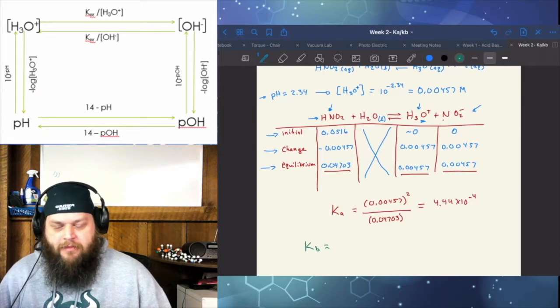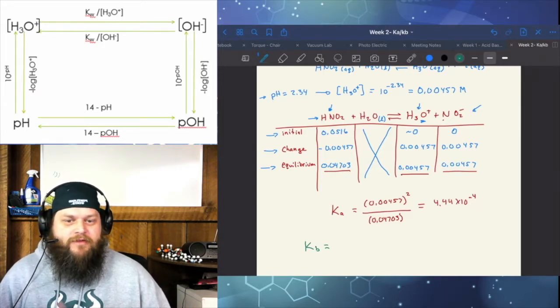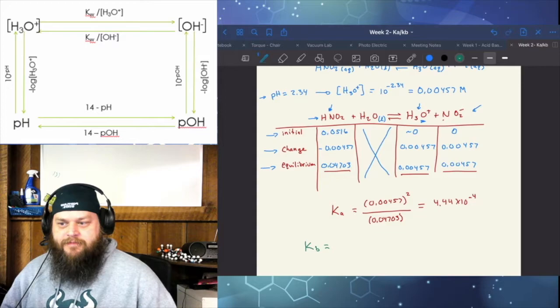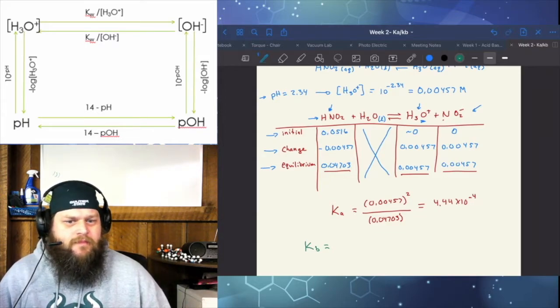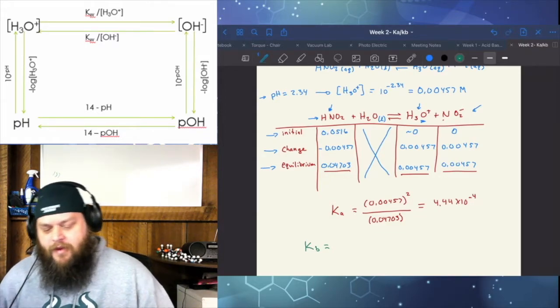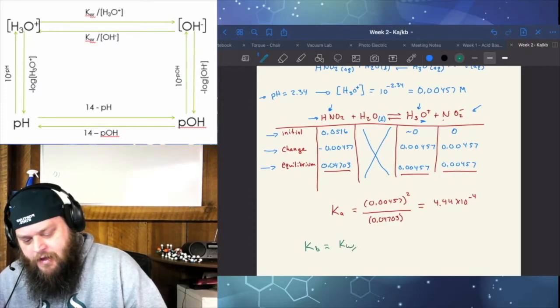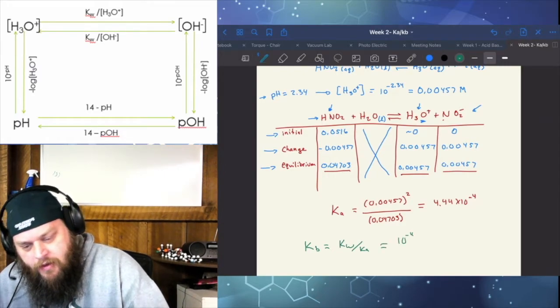We could do that. It would just take a long time. There's a quick or easy way to do that. Kw divided by Ka. Perfect.